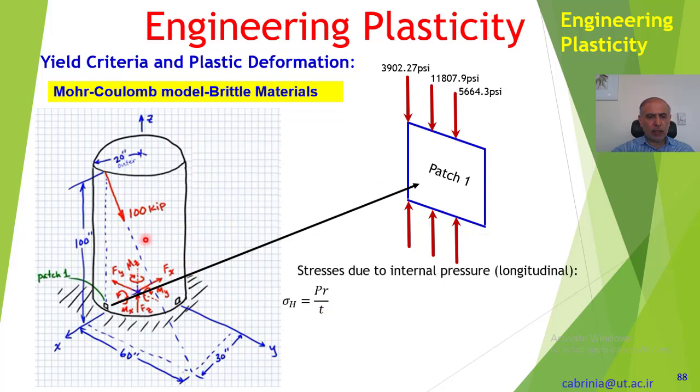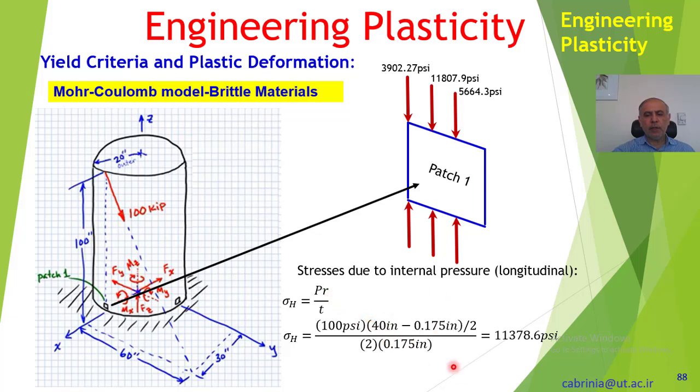Obviously, we have the stress due to internal pressure in the circumferential direction, the hoop direction. So sigma h, hoop, is PR over T, and again, internal pressure is 100 psi, and we put these in here as well, and we get 11,378.6 psi as the hoop stress that we have here, and therefore we add this hoop stress as well.